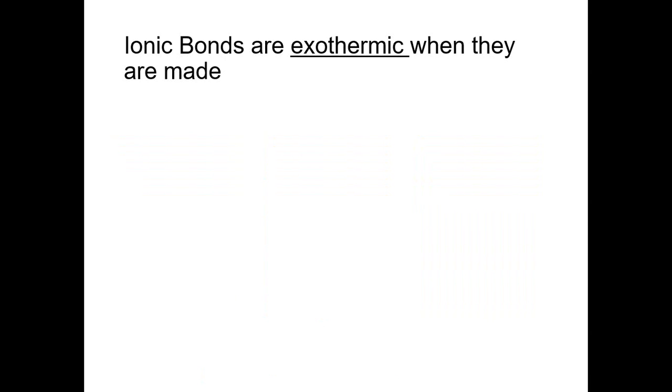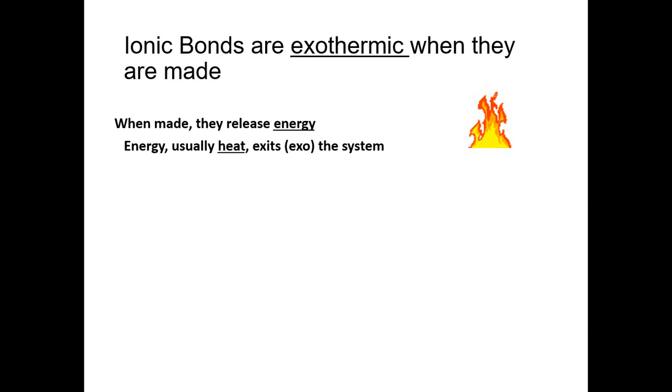Ionic bonds are exothermic. What that means is this: they release energy. And energy usually is in the form of heat. So the word exo, as in exothermic, means to exit or to release or to go or to flee, move. So words like exit mean this is the way out, if you will.